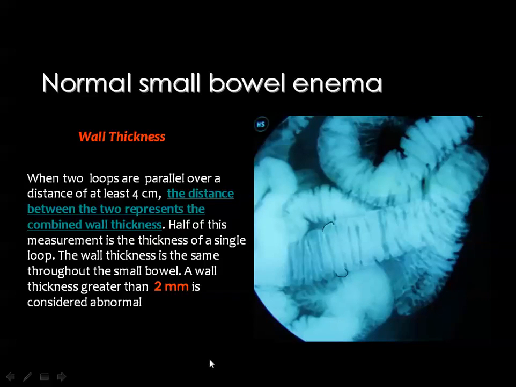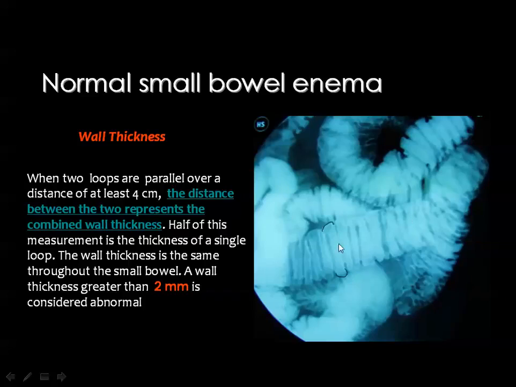The thickness of the wall is usually judged whenever you can see two bowel loops running close to each other, or parallel to each other, for a distance of about 4 centimeter. Then there is a radiolucent line between the two loops. These are the jejunal loops, and this radiolucent line represents the thickness of the wall of this loop as well as the wall of this loop.